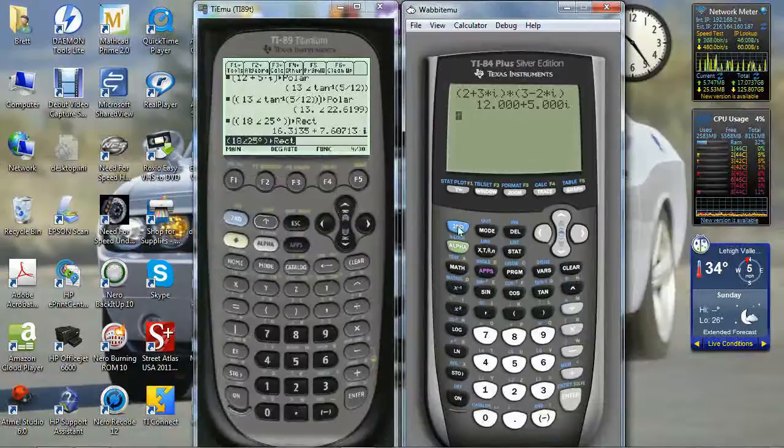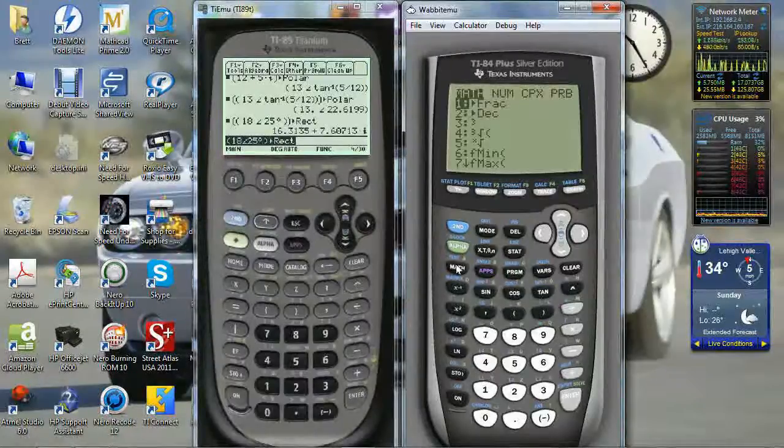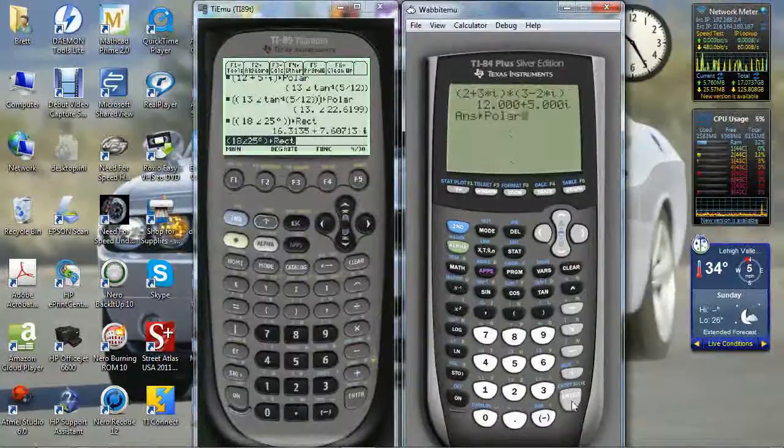I'm just going to take the answer, so the second and the negative sign has the answer. Then I'm going to go to Math, which is the third key down on the left side. Take the arrow key over twice to Complex. Go down to Polar, which is 7. And this will convert it into polar form for me. Notice that I got the same answer and the same angle.